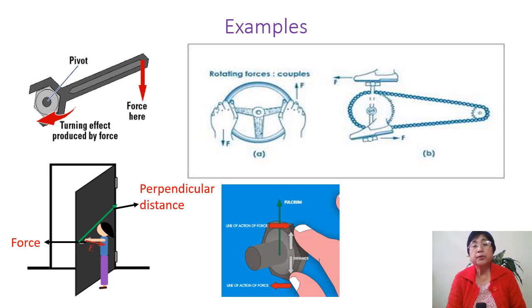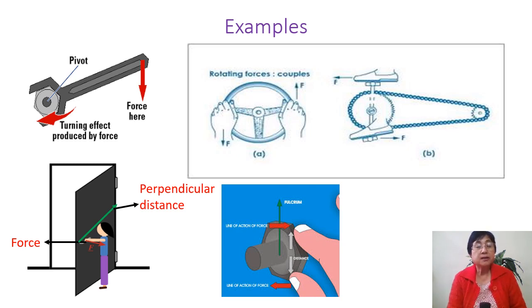When you apply the force with your feet, one foot will make the force move this side, and the other will make the force be on this side. As a result, the chain will rotate in one particular direction. As a result, the tires get the motion and move forward. So this is also an example of the turning effect of a force.